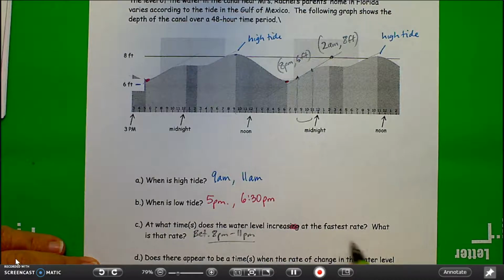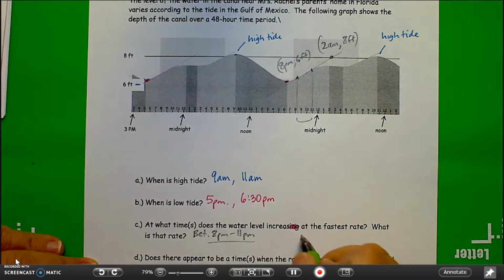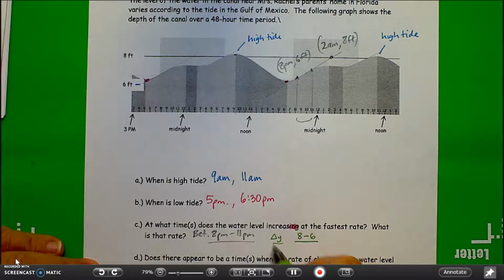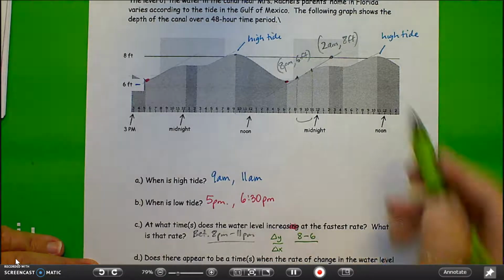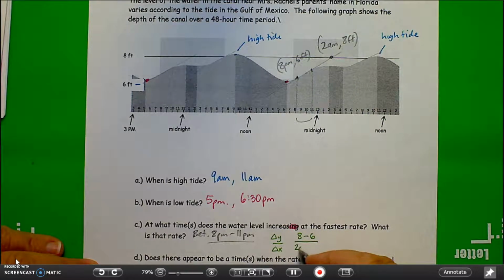So I'm going to use the change in the y values. We're going to go from 6 feet to 8 feet. So there's my change in y values, change in depth. Change in time, I'm going from 2 a.m. to 8 p.m., or the other way around, 8 p.m. to 2 a.m. So I got 2 feet in height, and this would be 6 hours in time.